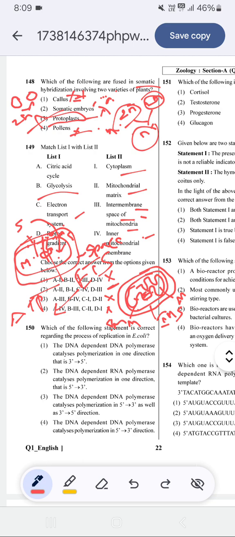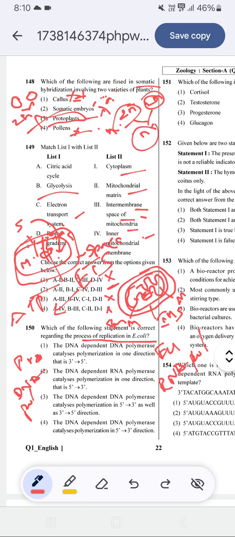Which of the following statements is correct regarding the process of replication of E. coli? So E. coli is a prokaryote. Read the question properly. Replication in prokaryotes. They are asking replication in prokaryotes, not eukaryotes. So in prokaryotes, during replication, the enzyme used is DNA polymerase, whereas in eukaryotes, the enzyme used is RNA polymerase.